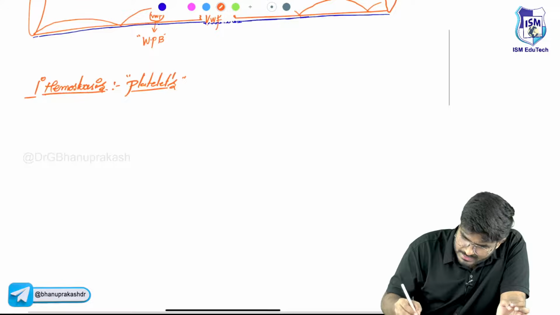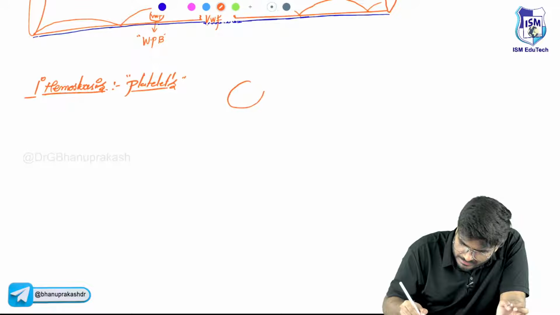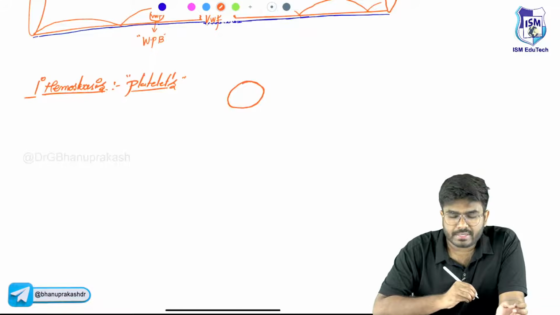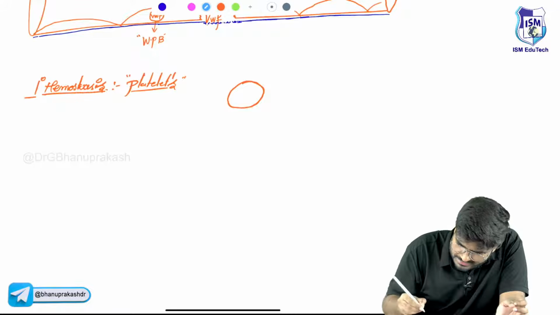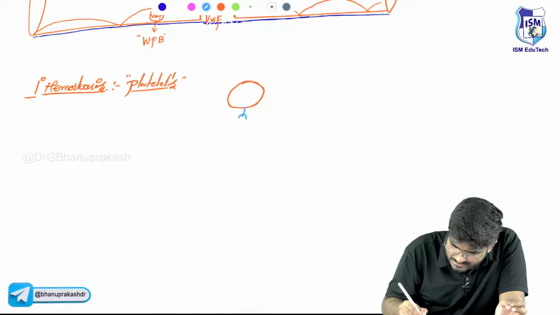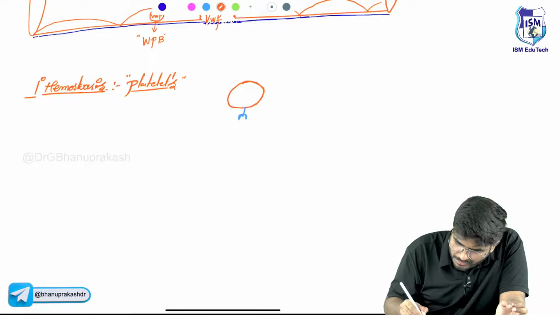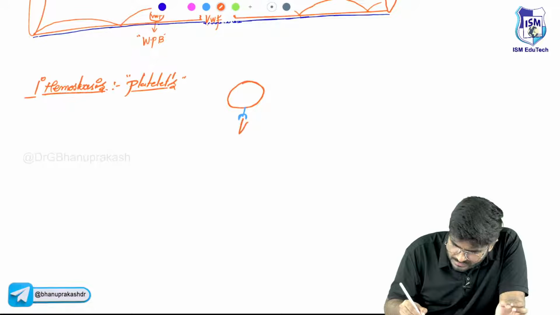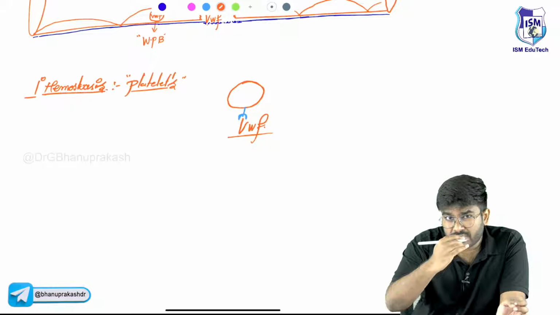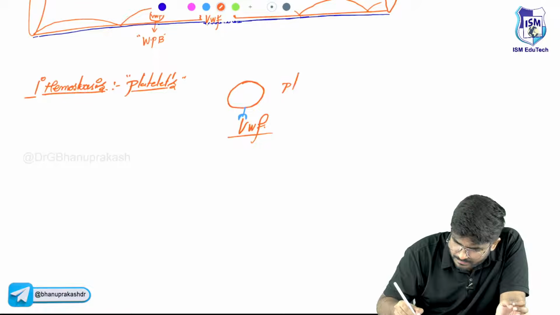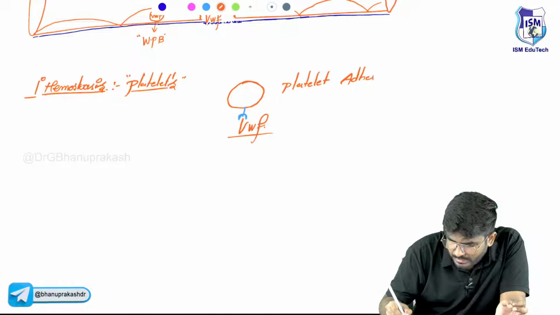Imagine this is a platelet, a thrombocyte. This platelet has a receptor on its surface. With the help of this receptor, it is going to bind with the Von Willebrand factor. This first process is called platelet adhesion.